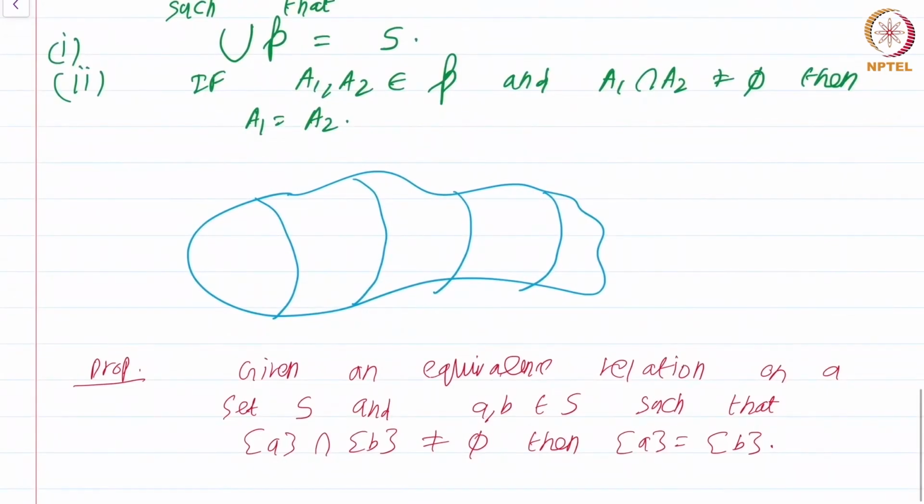If two subsets of P intersect, then they have to be identical.